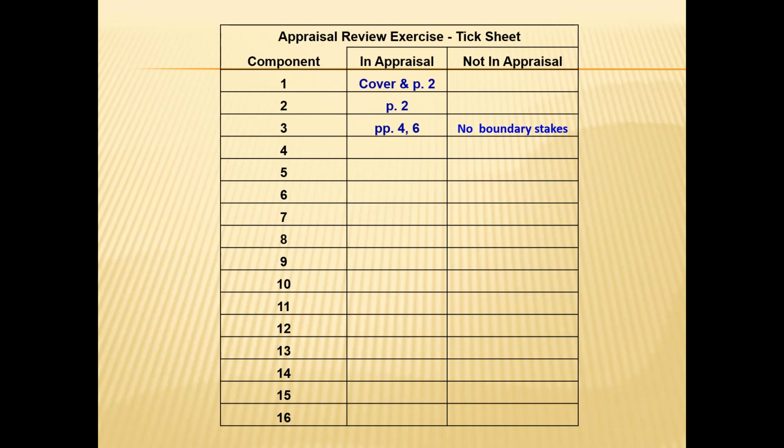So we move on to item 4, the dimensions, age, and in most cases they will have an actual age and an effective age, if applicable. For example, a property can be 25 years old, but because it's been well maintained, its effective age may be 15 years.